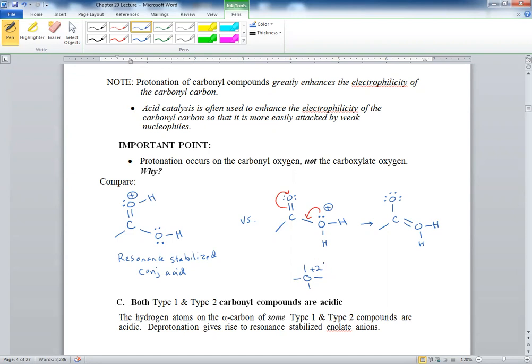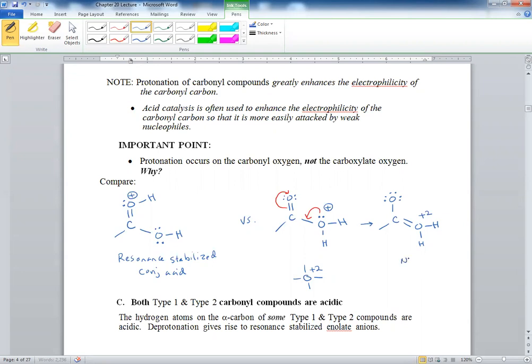Oxygen is the second most electronegative atom, so having 1 positive is bad. Having 2 is just very, very bad, even worse, simply because, again, it's a very electronegative atom. It can attract electron density, not lose electron density or share too many. So this would be a positive 2 charge.